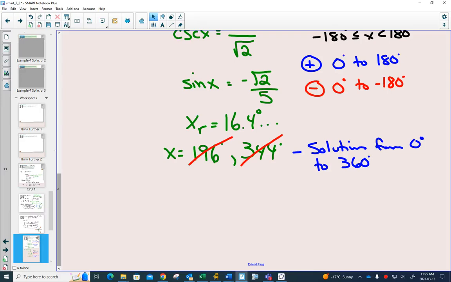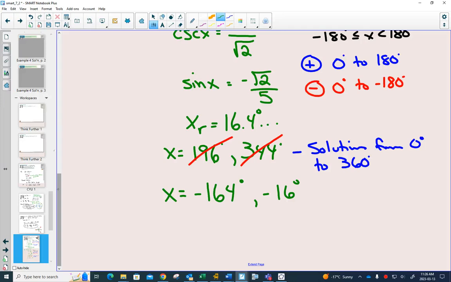So we have to find, okay, what would have been coterminal with 196 degrees? That's negative 164 degrees. What's coterminal with 344 degrees? That's negative 16 degrees.